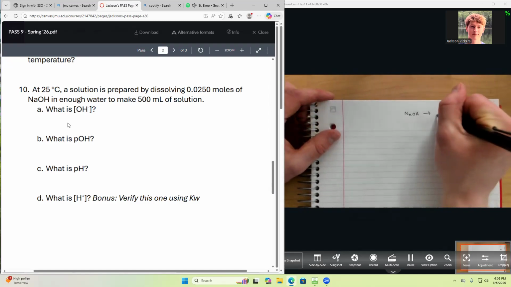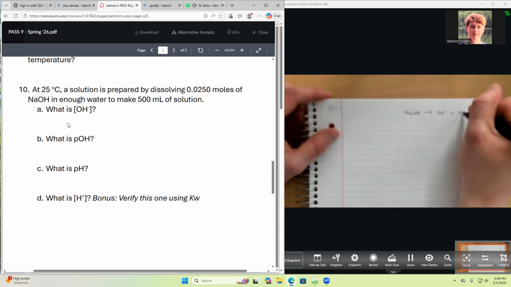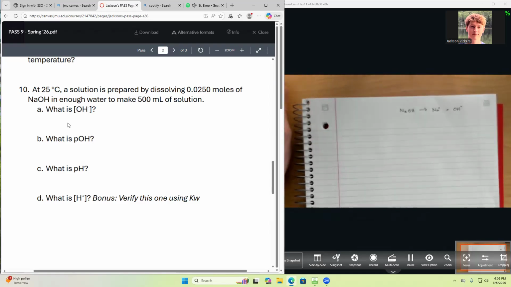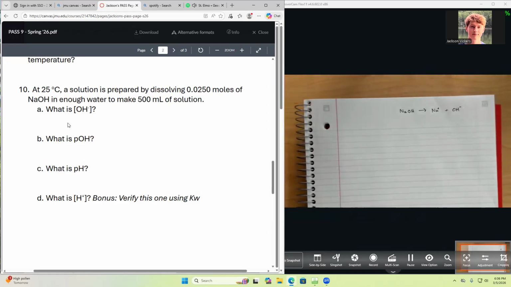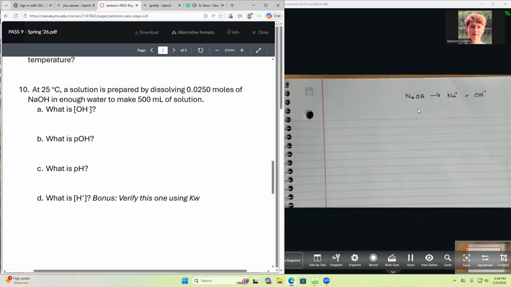Fully breaking off into Na plus ions and, look at that, hydroxide ions. And I'm pretty sure he'll talk a lot about this tomorrow and in the coming classes. Yes, exactly. That's the key detail here. So once you find the molarity of sodium hydroxide, that's the same as finding the concentration of hydroxide ion.